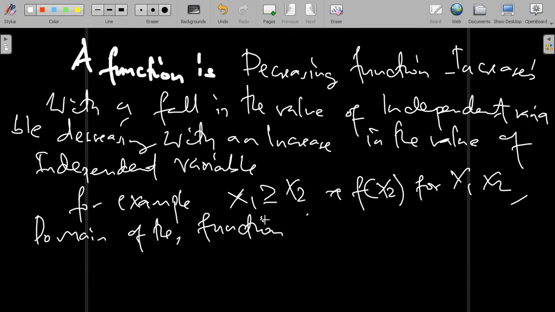So what you need to understand here is that in order to check whether a function is increasing or decreasing, we need to apply the derivative of a function.